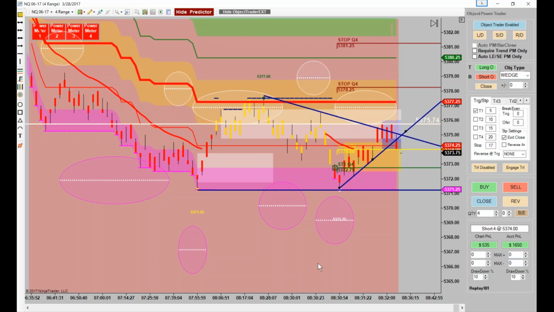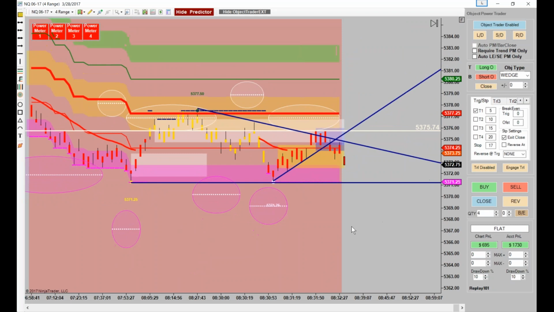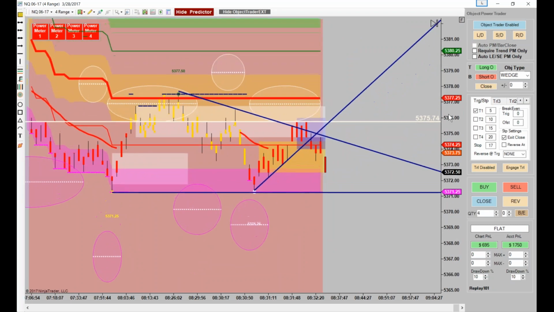Just trying trend line breaks. There's one, okay. Will it give us 5 ticks? We'll find out. Got our 5 ticks. Now I'd redraw this since it's actually got a little top here.